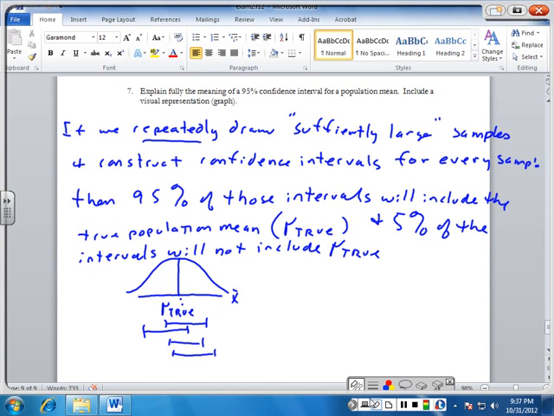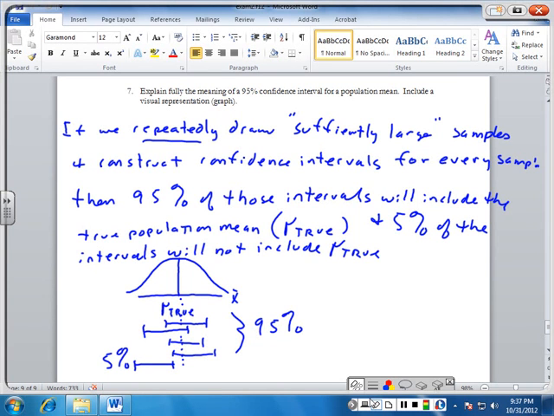Notice that all of those intervals have the population mean somewhere in the interval. So that's like the 95% of intervals. But 5% are going to be like this. They do not include the true population mean.